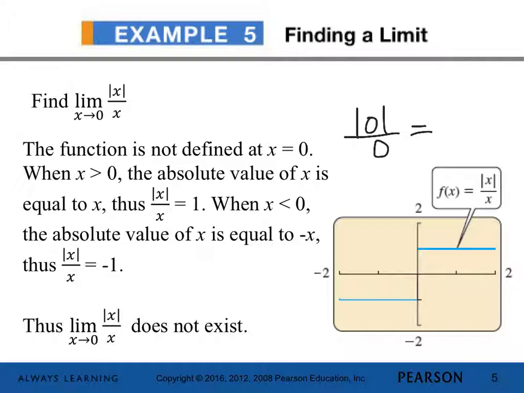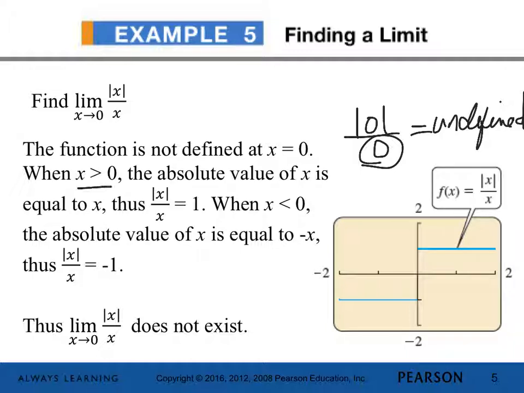Well, 0 over 0 is an indeterminate form, and we'll just let it go that that is not defined or undefined. So the fact that we're taking the absolute value of 0, we're still not able to divide by 0. That's what you want to keep in mind.